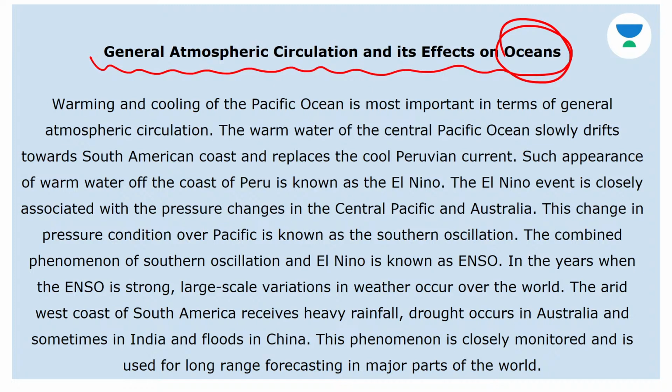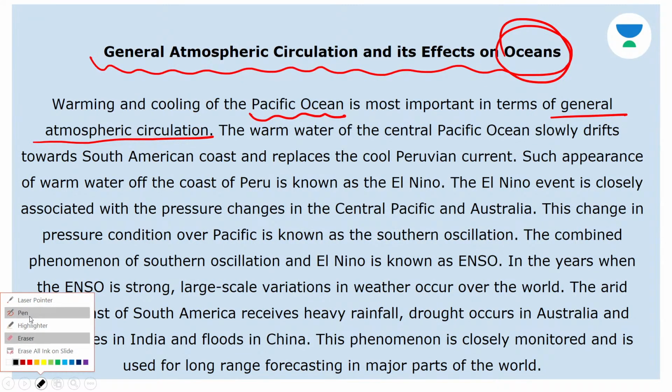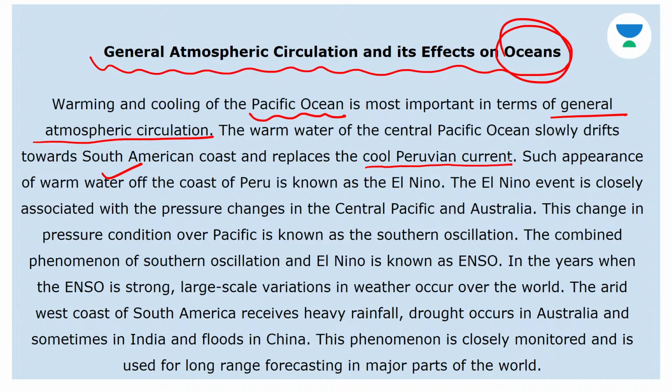So, warming and cooling of the Pacific Ocean is most important in terms of general atmospheric circulation. The warm water of the Central Pacific Ocean slowly drifts towards the South American coast and replaces the cool Peruvian current.